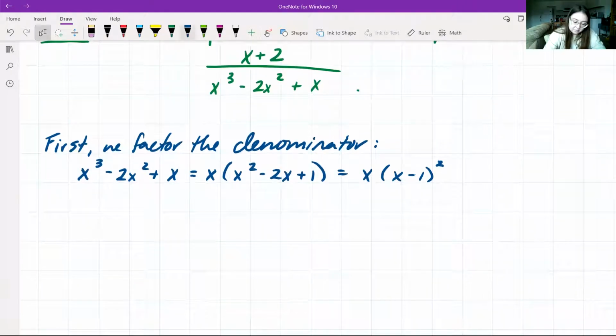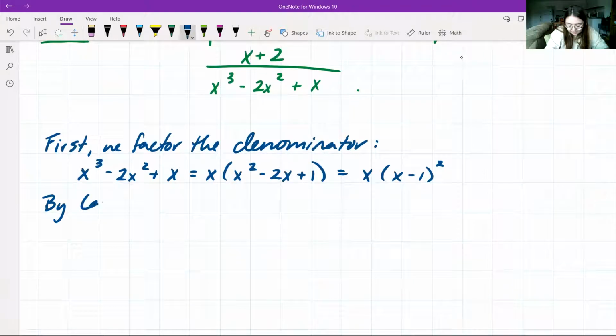Now, we essentially have two different sets here. We can think of them first individually as x and x minus 1 squared. If we think of them individually, this allows us to use case 1 to just state a over x. So let's write that out.